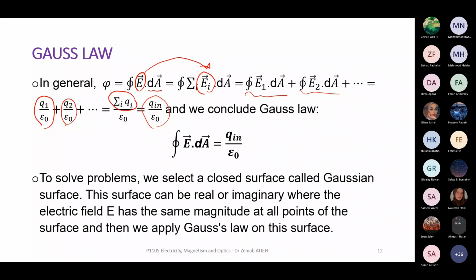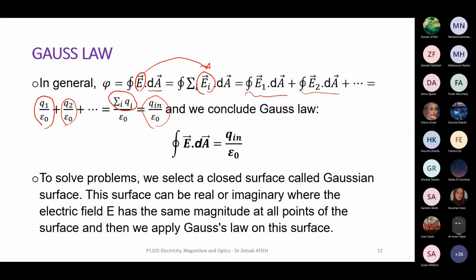We will learn how when we solve. Second, for Q, we only take charges inside the surface. Charges outside are not taken into account because outside charges lead to a zero electric flux. They do not affect the total flux crossing my area. Okay, so I have to keep this in mind.